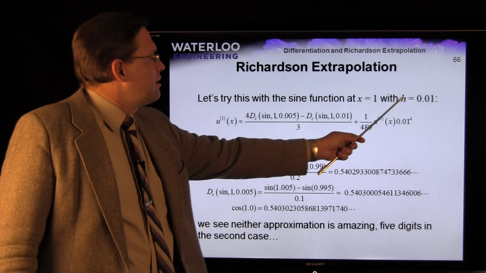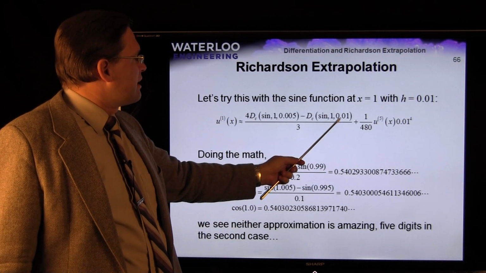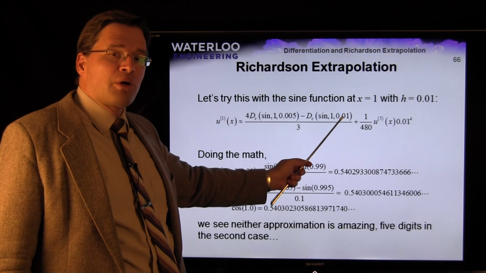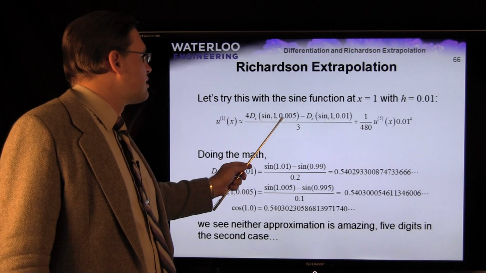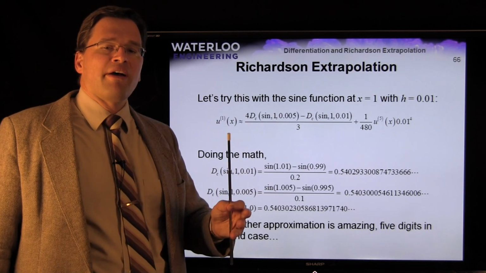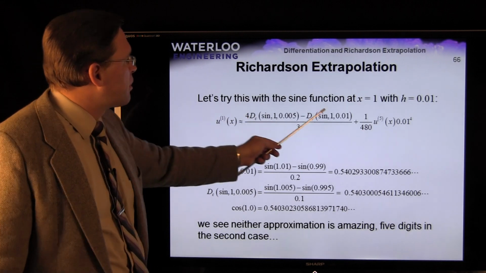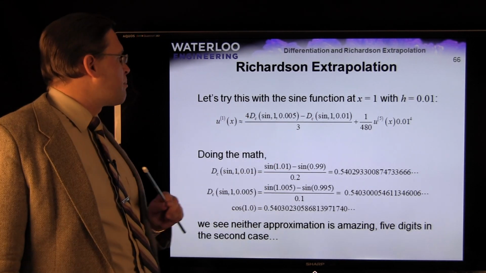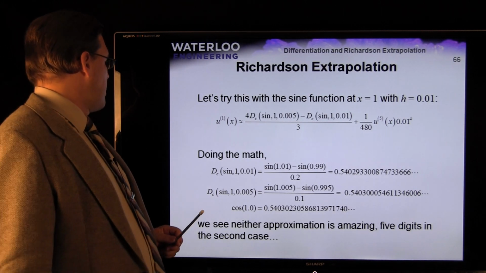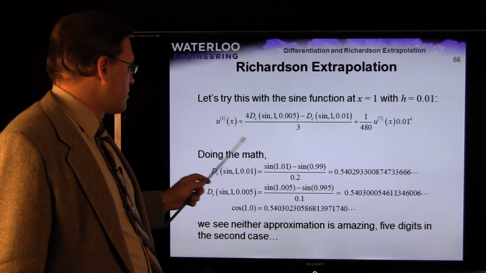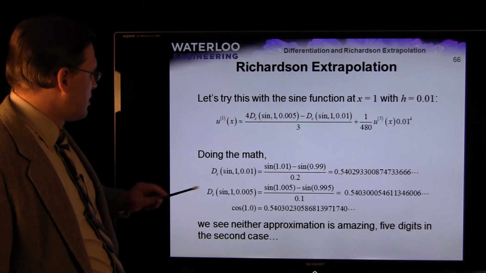Using h equal to 0.01, there is our coarse approximation using h equal to 0.01. This uses h equal to 0.005, or a half of this value of h. Let's take 4 times that approximation, subtract off that approximation, divide by 3. Those are the 2 values. And now, notice what happens.